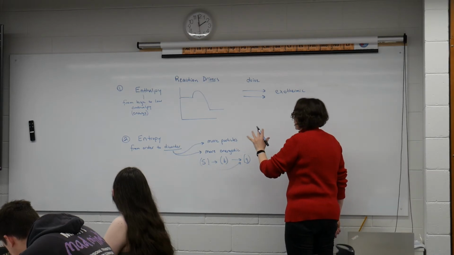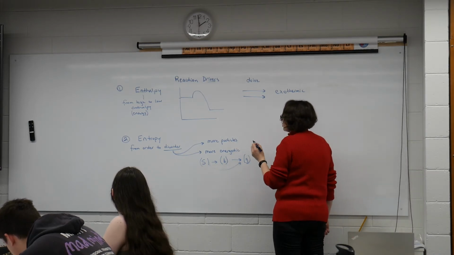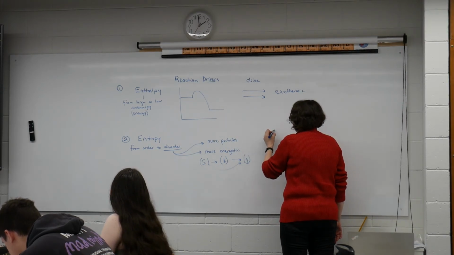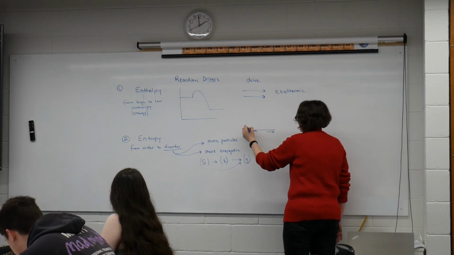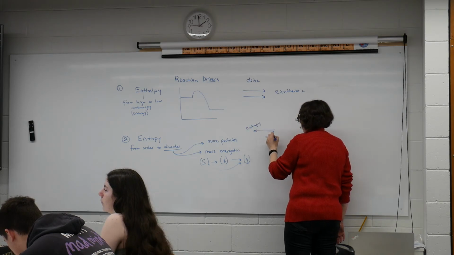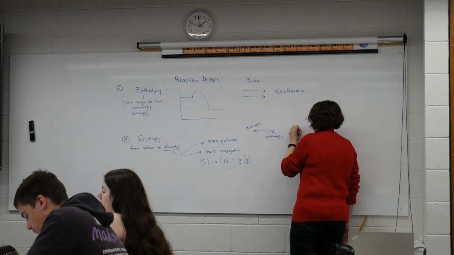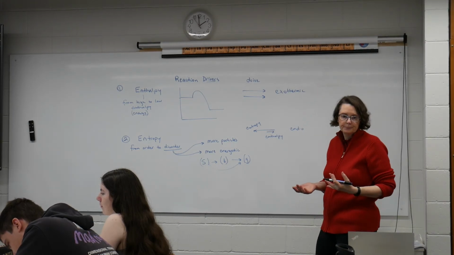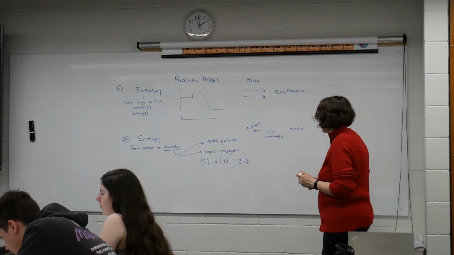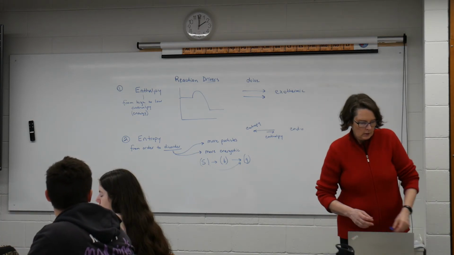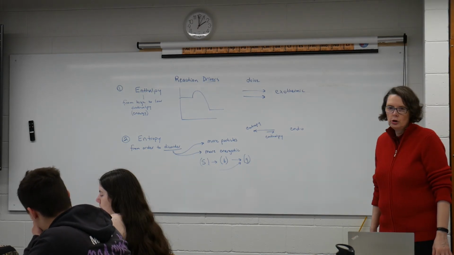But because we know that enthalpy really is always going to be driving to lower energy, to have an endothermic reaction, entropy must be winning. Okay, so we just needed to slot that in somewhere. Any questions about our reaction drivers?